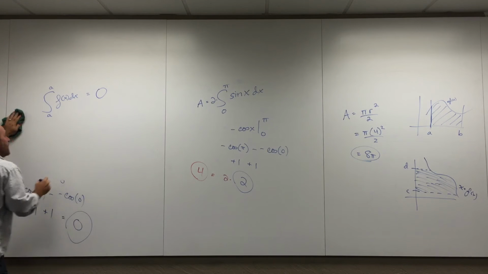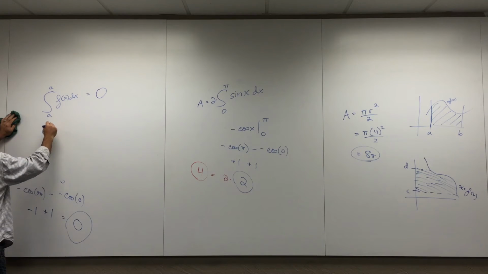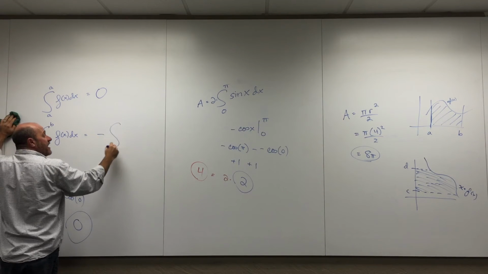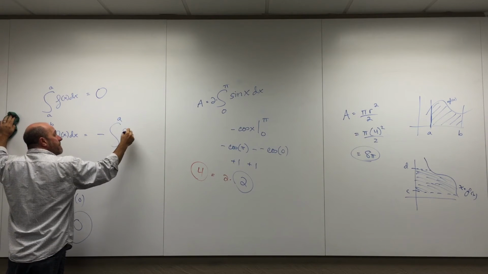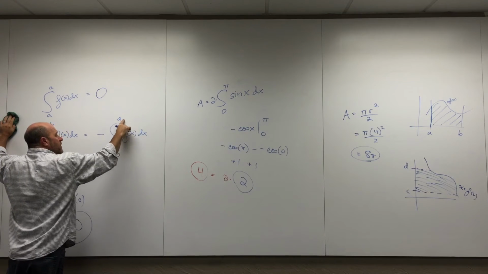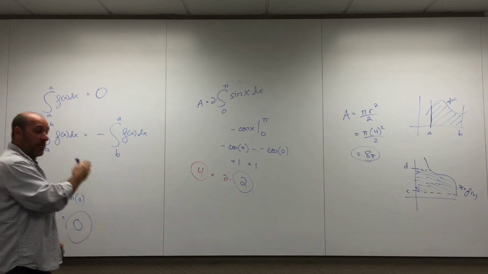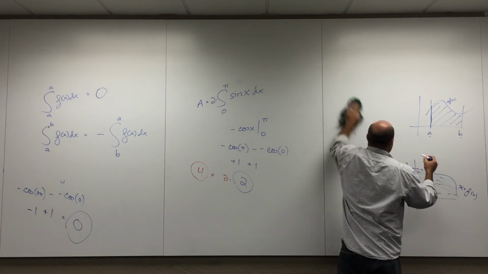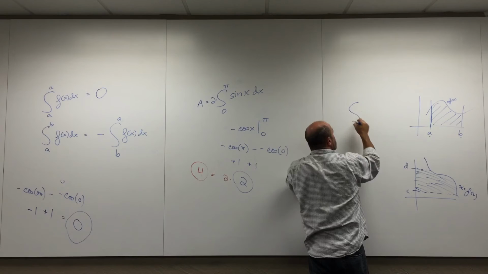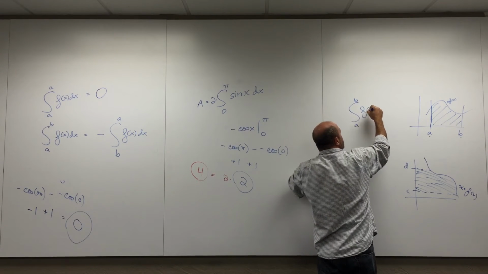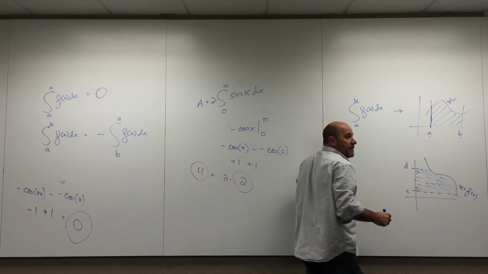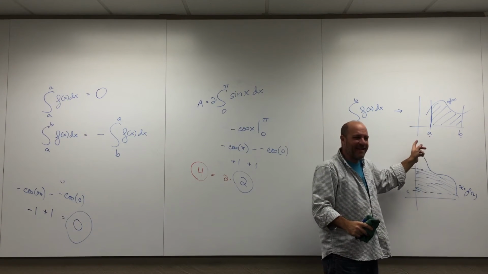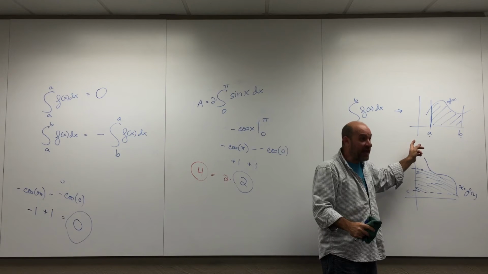All right, so there's a property. Here's a funny property. If you go from a to b, it's actually the exact negative of going from b to a. Which is weird. We like to set up our bounds from left to right, from A to B. That's what this picture is. From A to B, f of x dx. But if for some reason you went from B to A, it's going to give you a negative area.